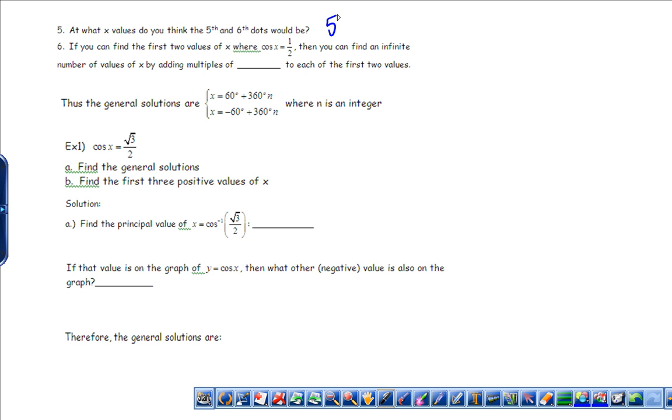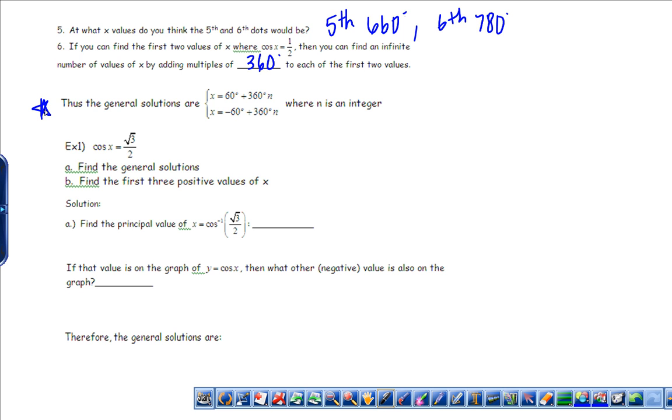So I think the 5th one is going to be at 660 degrees, and the 6th dot is going to be at 780 degrees. So we're always going to add a period, 360. If you can find the first two values of x where cosine is 1/2, then you can find an infinite number of values of x by adding multiples of 360.